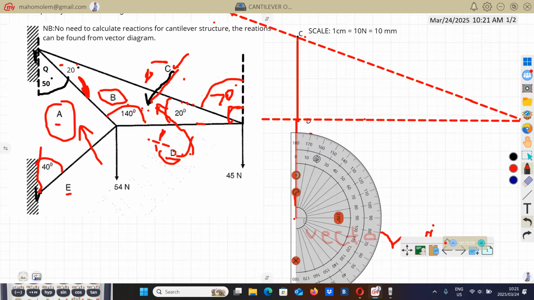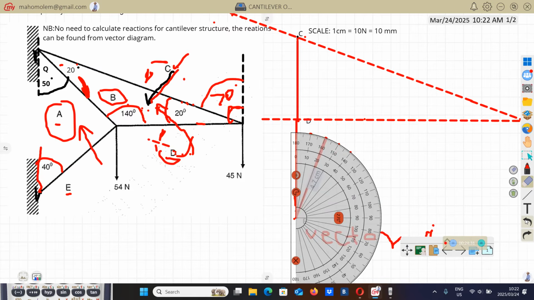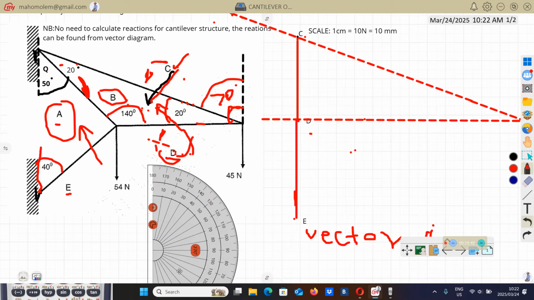As you can see, it's 10, 20, 30, 40. Your 40 will be there. So after that, you remove this one. Okay, this is 40.